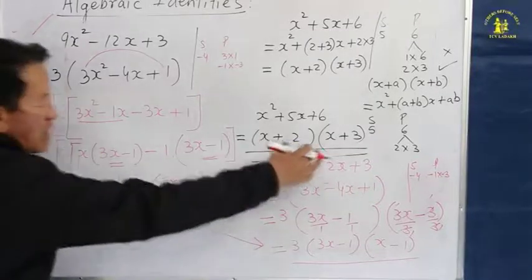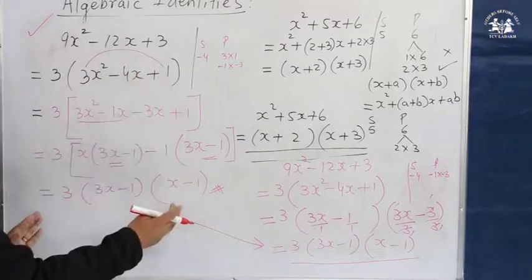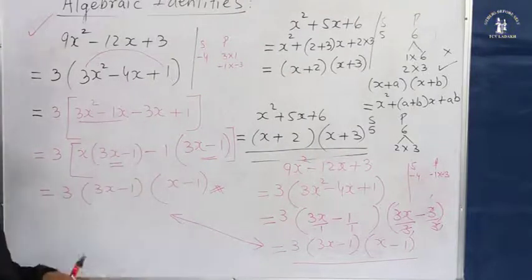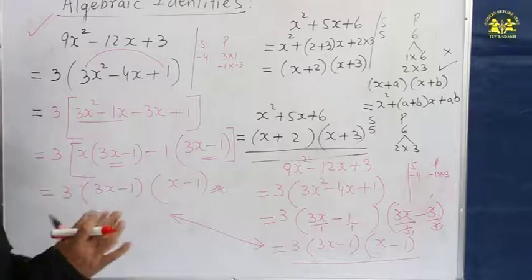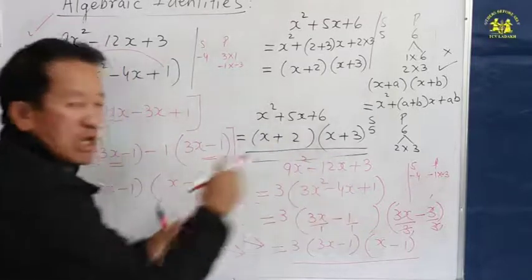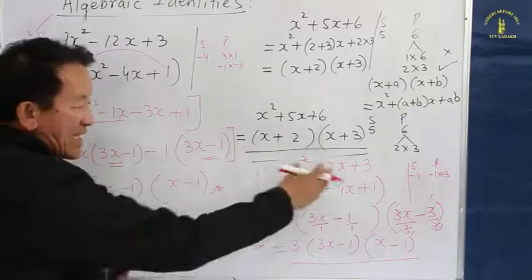This is the shortcut, and I would suggest using it in your examination. If you are confident of this method, it will be nice to use it because it will take less time.